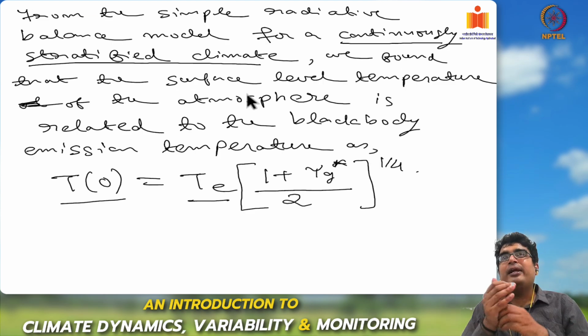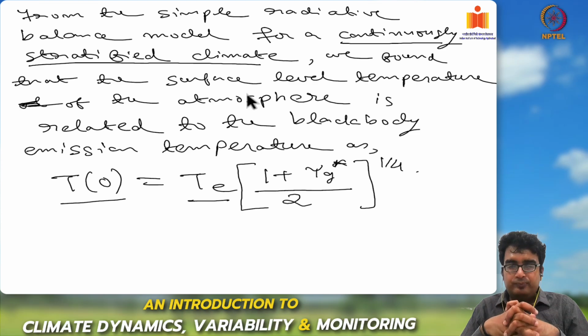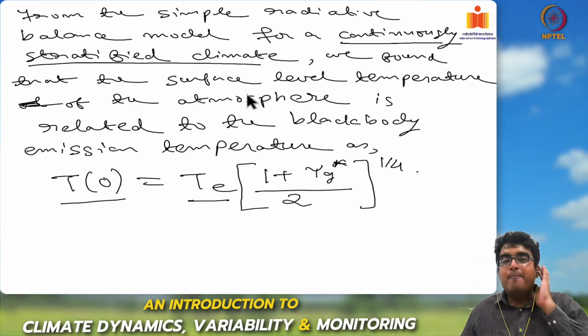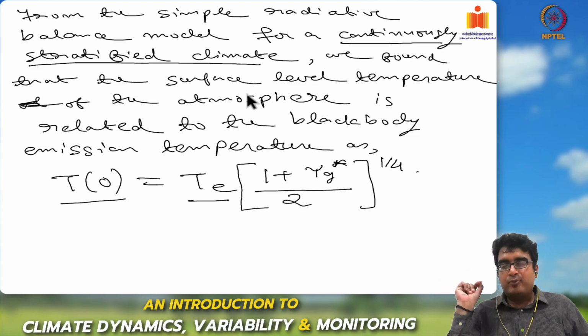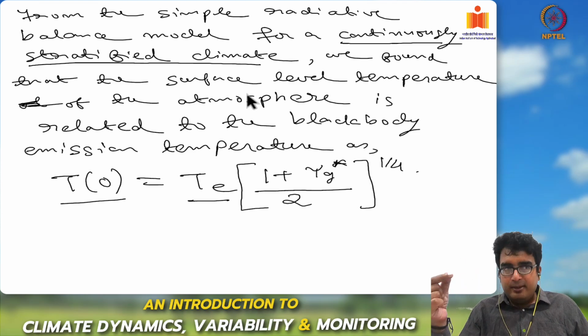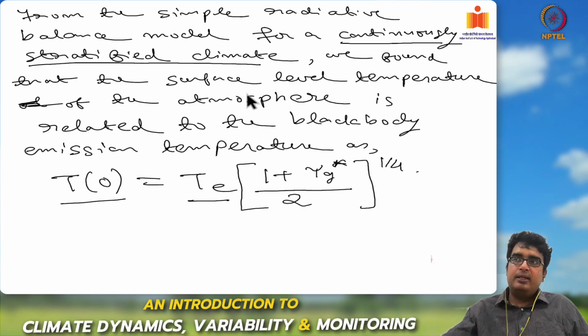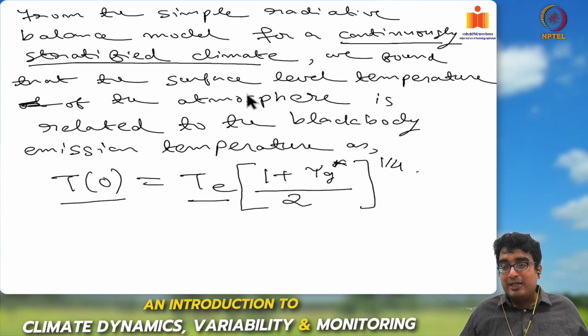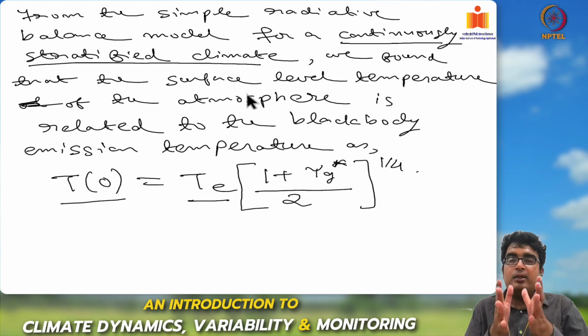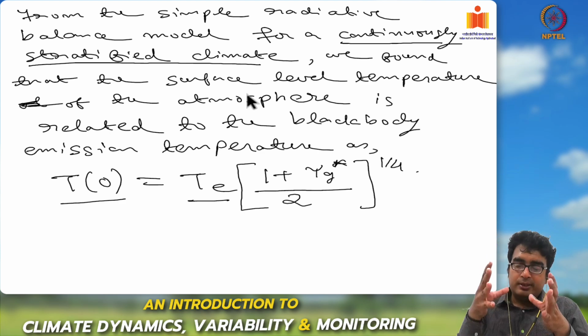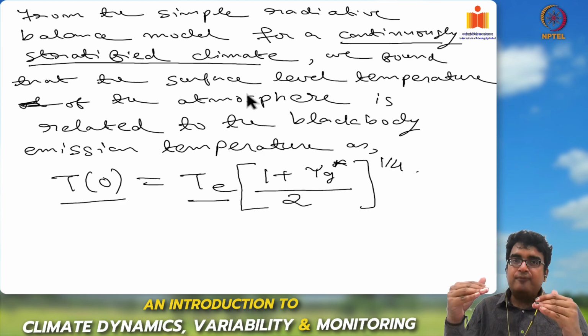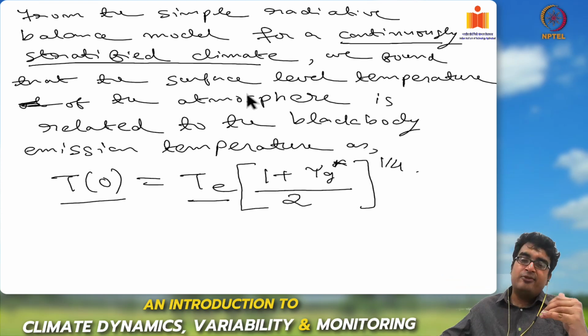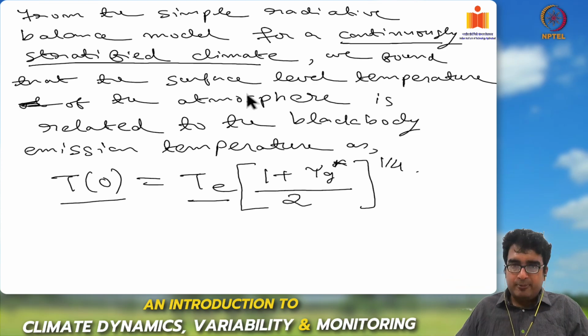How do we calculate this emittance value? We can use, for example, the simple radiative balance model for a continuously stratified atmosphere. We derived this several weeks earlier. For a continuous stratified atmosphere climate, we evaluated how the ground temperature, the air temperature just above the ground, T0, is related to the blackbody emission temperature.